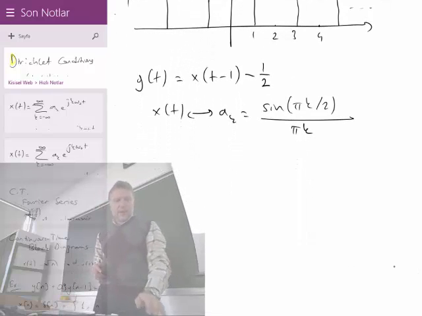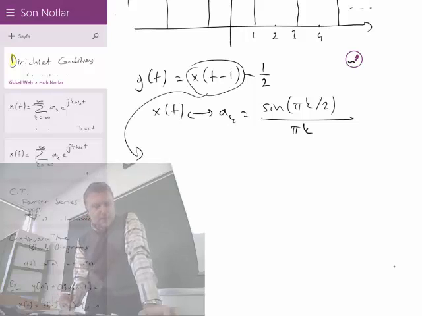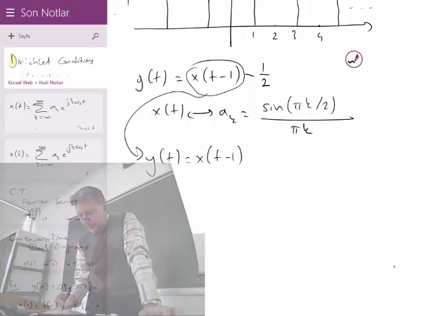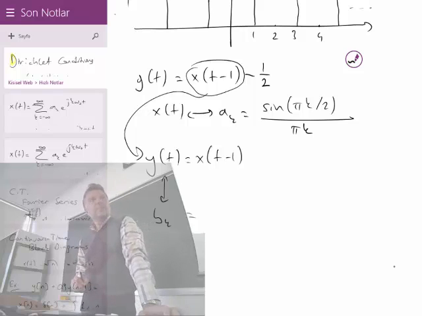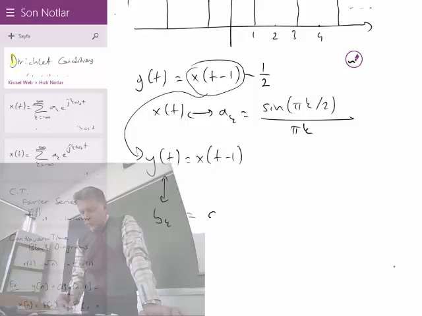So if you have AKs, now I will consider only this part and say that, for instance, y of t is equal to x of t minus 1, which will have BK equal to... Now what is that? Do you remember the formula? Please, one of you tell me what it was. AK scaled by a complex exponential. What was that?